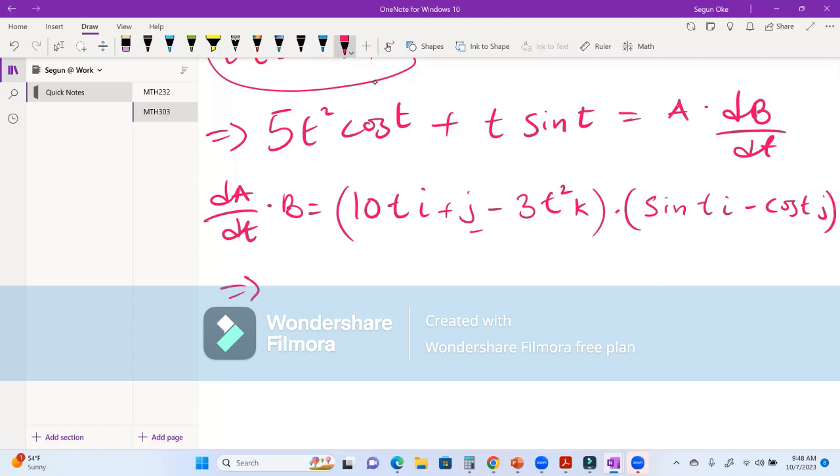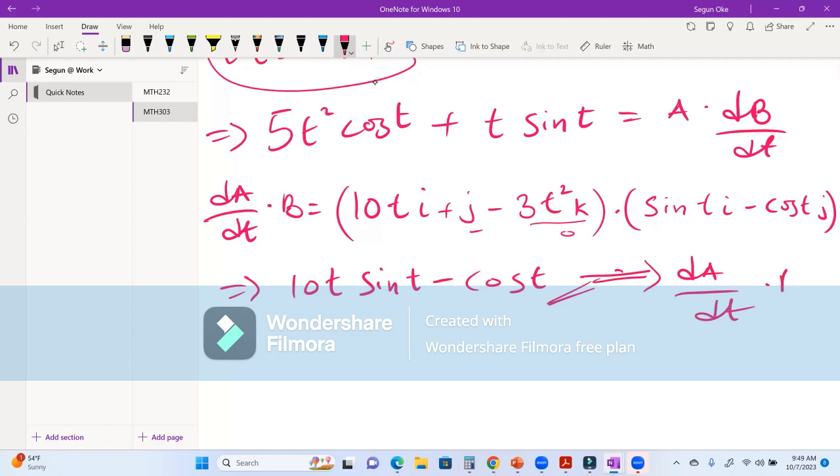Our dot will be what? 10t sin t. j dot j will be minus what? Minus cos t. Do you agree with me? Yes, sir. Then you have 0. Everything here returns to 0 because there's no k. So this is what we have for the A' dt dot B.